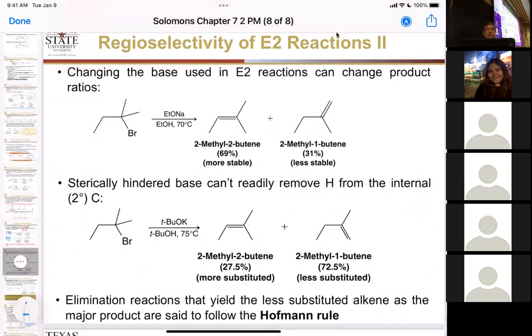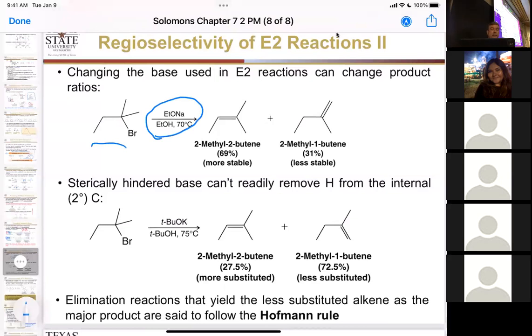So in the case of the small base here, we have a tertiary substrate, we have a small base, and look, I gave you additional information. What's the additional information I gave you? 70 degrees C, that makes it hot. So we know we're going to try that elimination reaction.